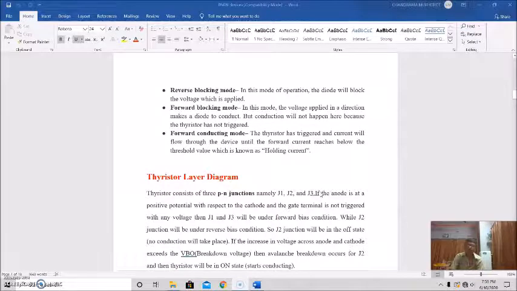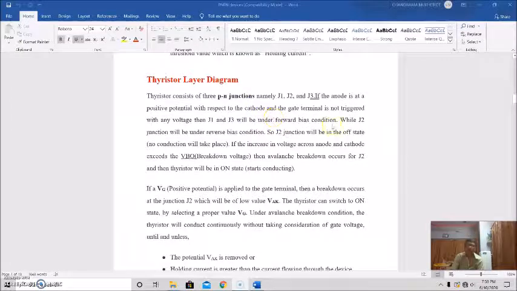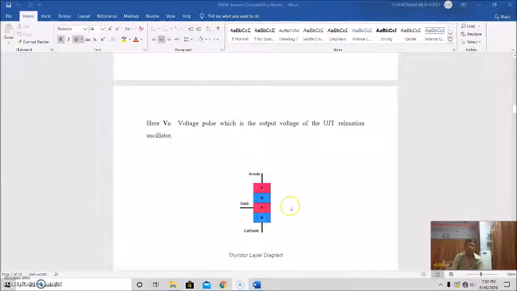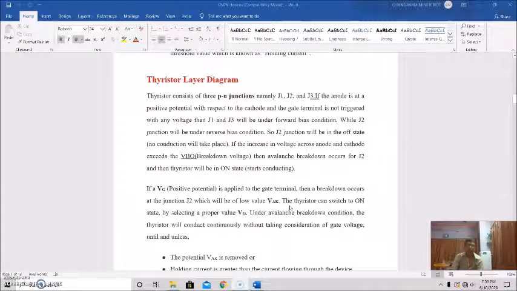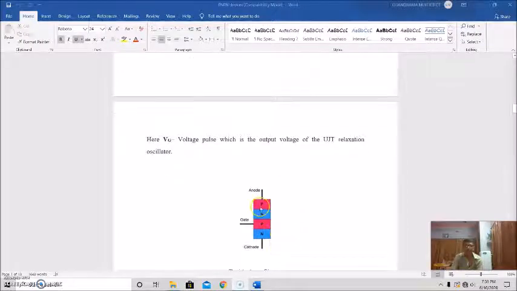Now, in a nutshell, with the familiarization with the thyristor family, the SCR is a very important member, whose symbol and working states I told you. Now, the traditional layer diagram is shown here. It is a PNPN structure with junctions J1, J2, and J3.